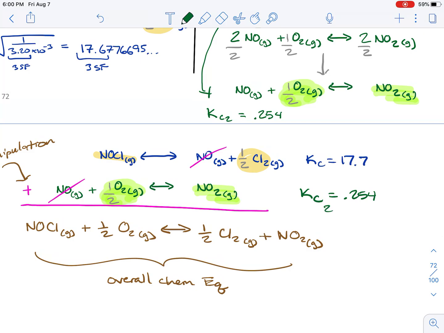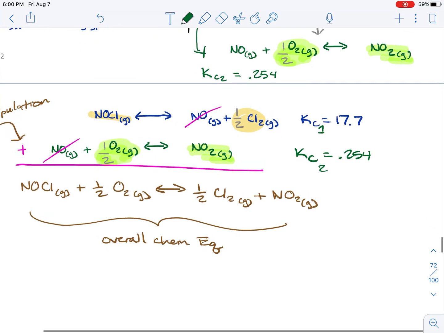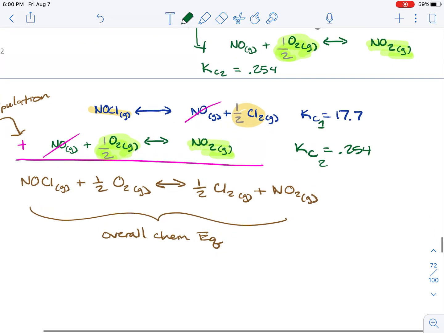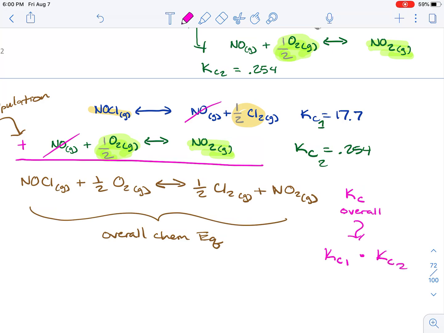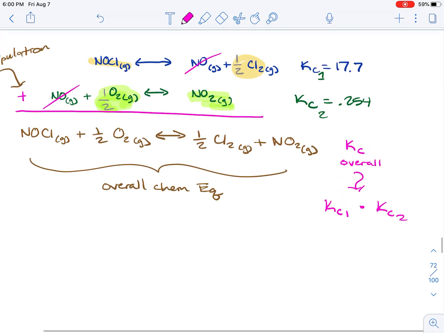So this is 2, this is 1. And so to calculate Kc overall, we're going to take Kc1 and multiply that with Kc2. So I'll just put in 17.7 times 0.254.